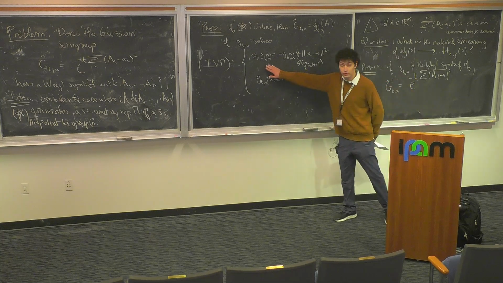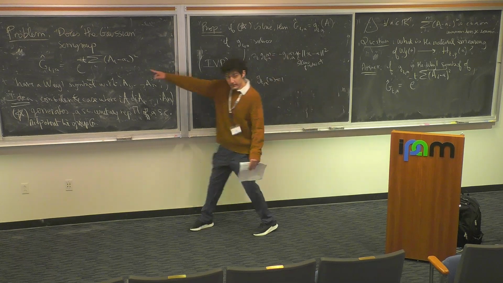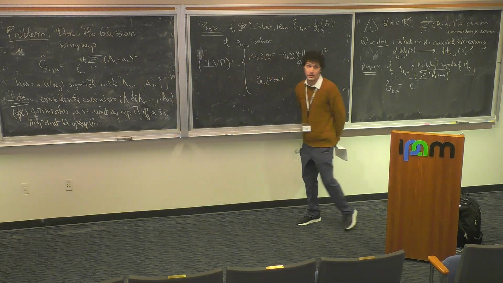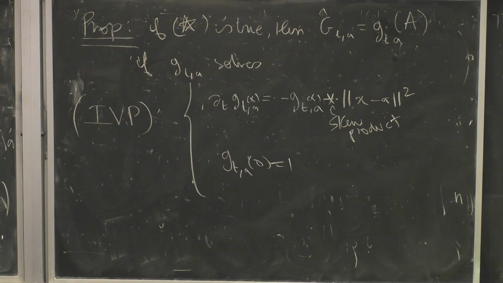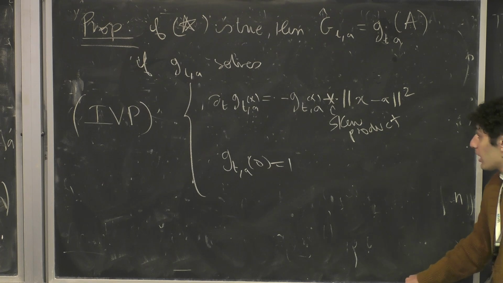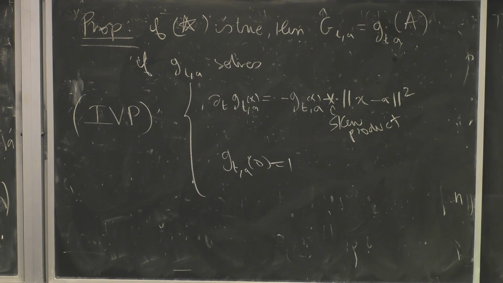If this IVP has a solution G, with some regularity condition of course, then that G will be the Weyl symbol of this Gaussian semigroup. And this star here is the skew product that I introduced at the beginning of the talk, which intimately uses the structure of the exponential map between the Lie algebra and the Lie group. And if you recall, for this star product we had an explicit expression.